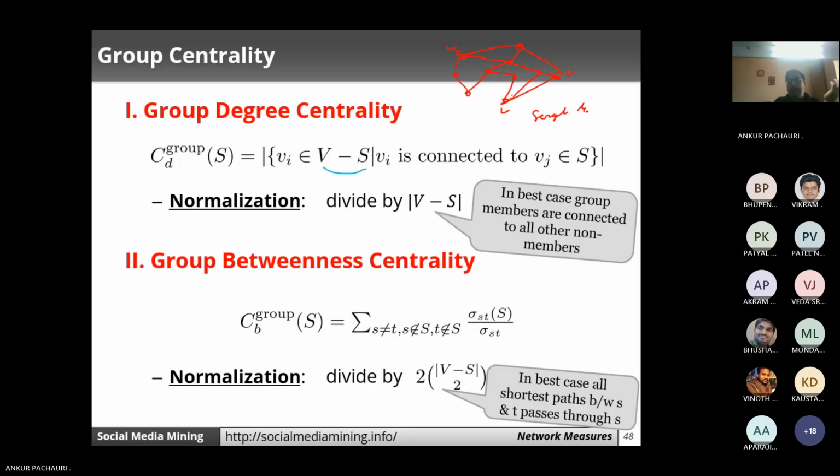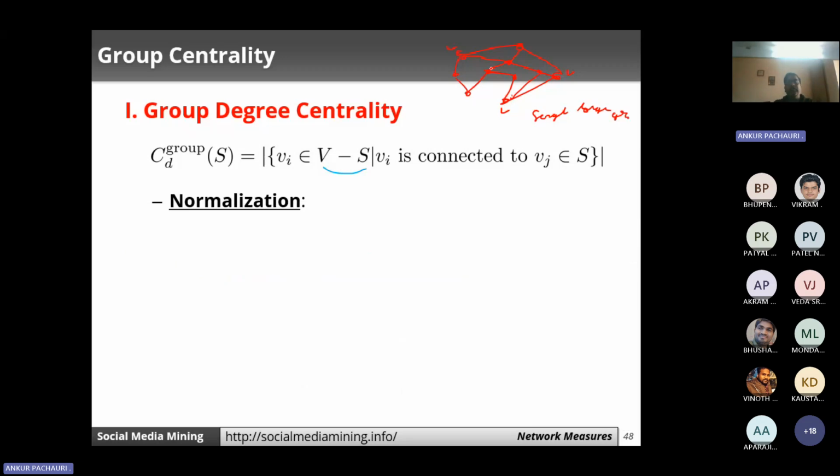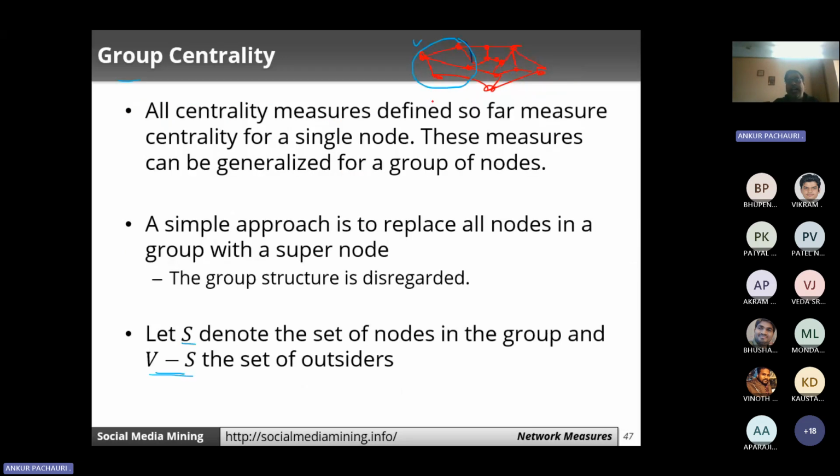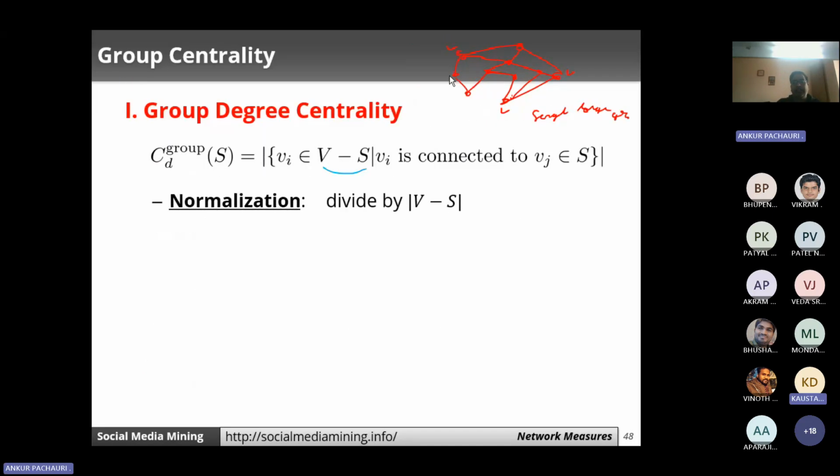Yeah, understood, sir. So not necessarily in this case; it might give you an intuition that a node along with its neighborhood can be considered as a group. Not necessary. It can be any set.